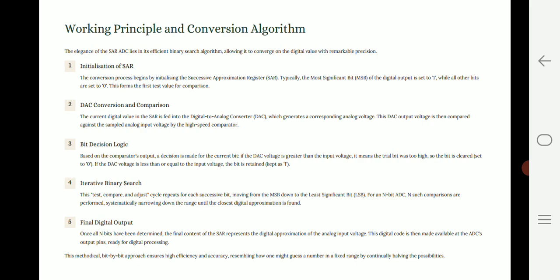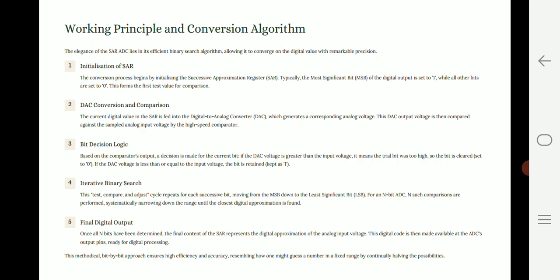Coming to the third stage, based on the output of the comparator, it will decide the bit, that is high or low, 0 or 1. And coming to the iterative binary search, the whole process is repeated the required number of times until we get the correct output.